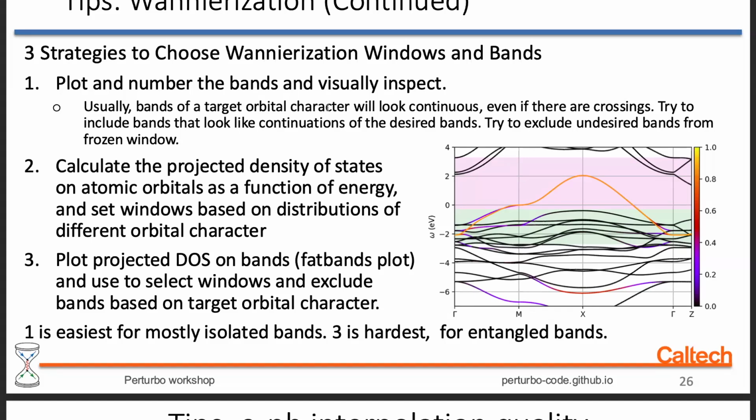Usually you can see, okay, I want to Wannierize this band, and maybe there's a crossing here, but you can still see it's the same band. And so you include bands based on what you can see.